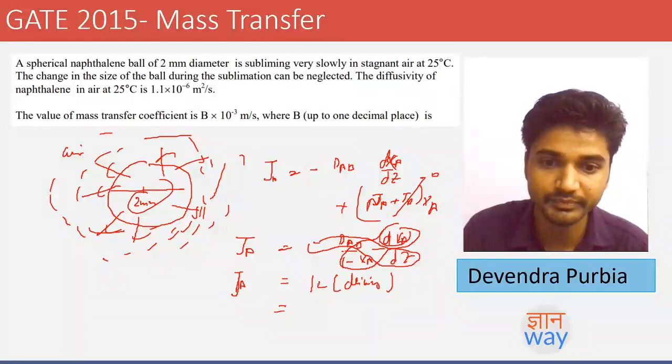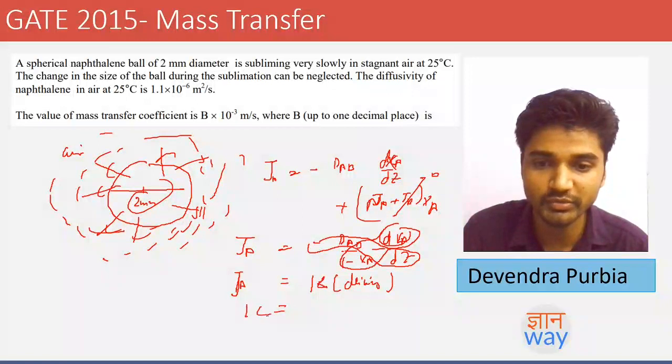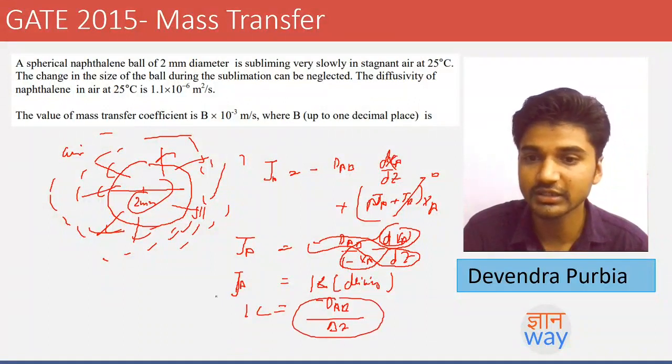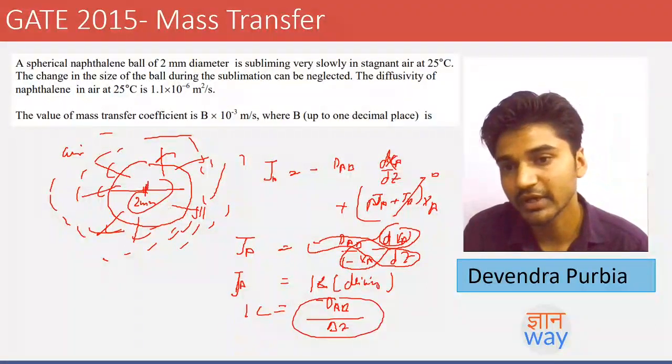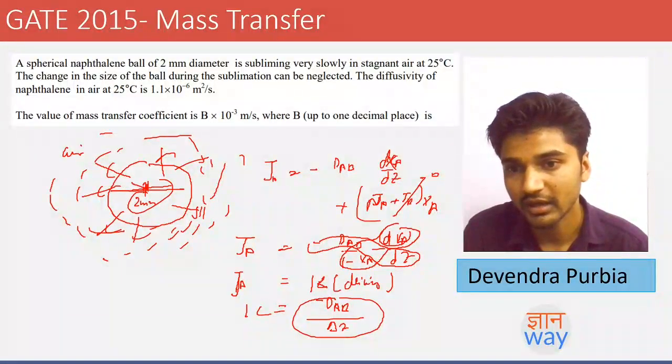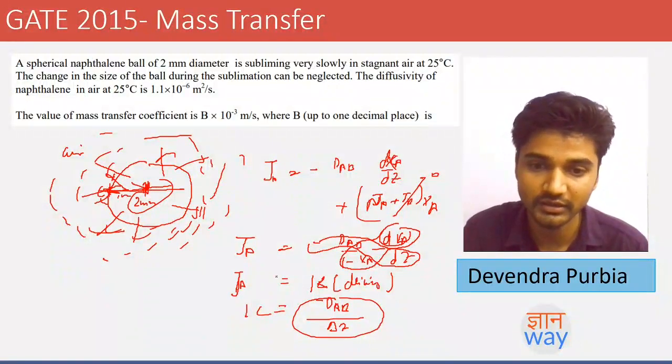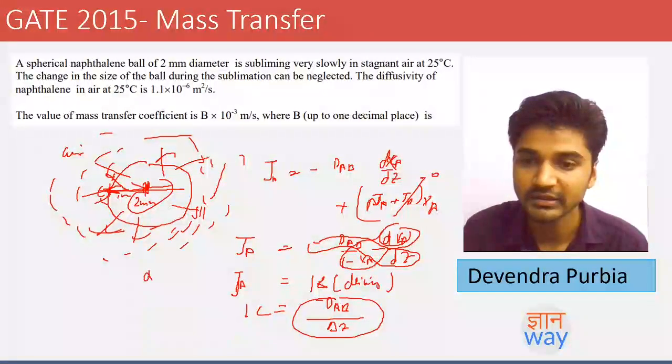Similarly if we match these two equations, we will get that the K value should be equal to DAB divided by delta Z. Now here delta Z should be 1 mm, because we considered 2 mm as the diameter. So 1 mm will be the distance of diffusion, where the diffusion is taking place from the center. So we will consider delta Z as 1 mm.